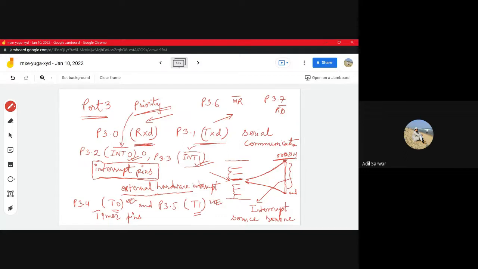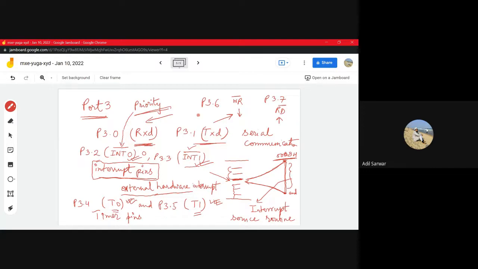Write means writing to the external memory of the external RAM, and read means reading from the external memory of the RAM. So these are some of the pins that are used in the 8051.